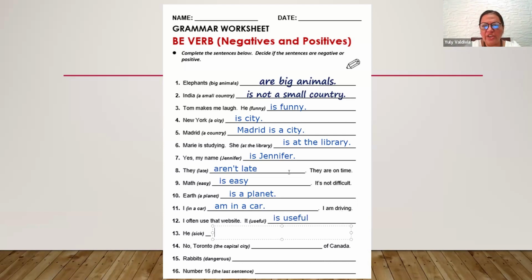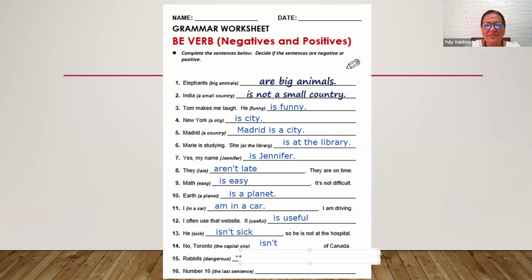Let's see. He's not at the hospital, so he isn't sick. The correct alternative will be the negative form: he isn't sick. Toronto isn't the capital city of... Okay, we don't have enough space. Rabbits are dangerous? Definitely no, they are not.